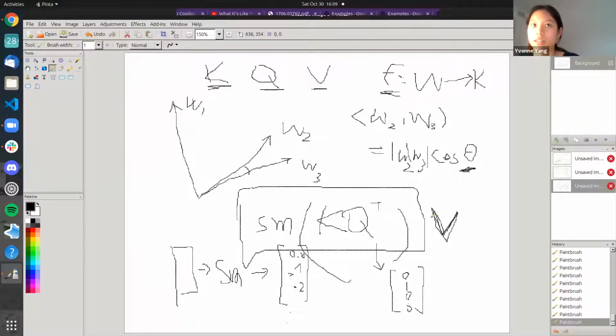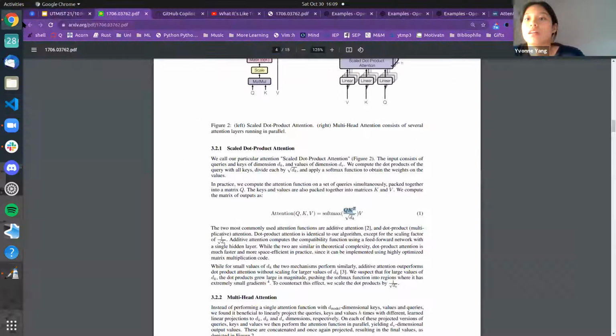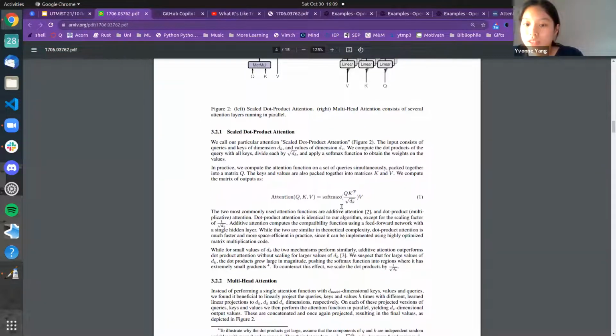And now attention basically gives you the most prominent feature that you want to look at for each word. I don't know if that was a good explanation. It's pretty abstract, I think. So that is attention.